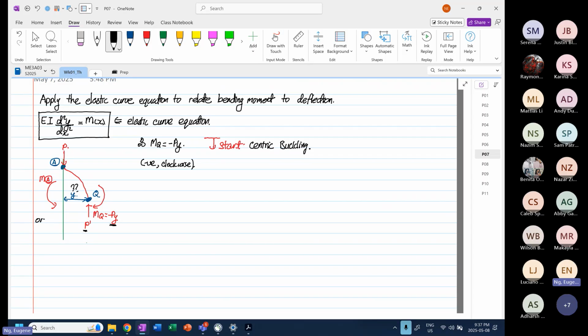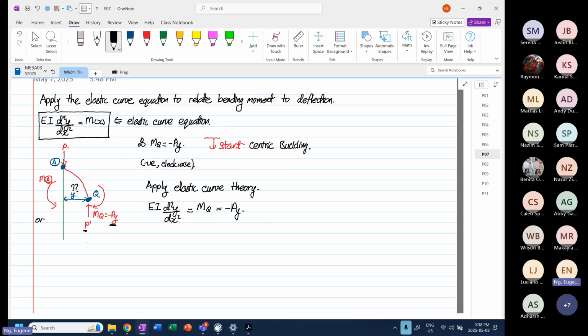So we're going to apply the elastic curve. All right, so we have EI d squared y over dx squared, which is equal to M at Q, right? And this will be equal to minus Py.